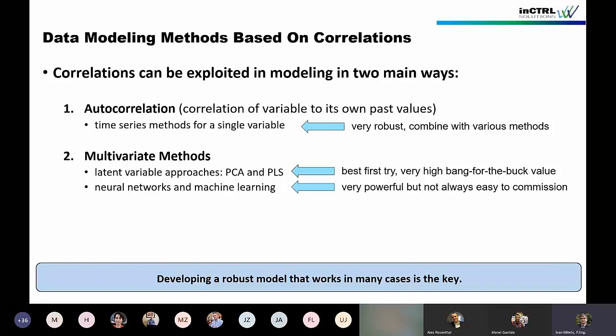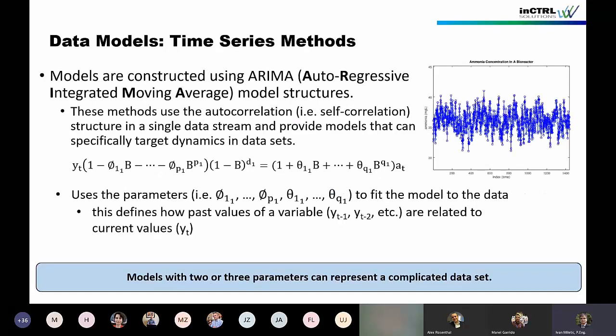And then if you see a need to extend it to other methods, then you can certainly do that. But we're going to focus on the time series methods and on the PCA PLS approaches. Okay. All right, so let's look at this one technique at a time.